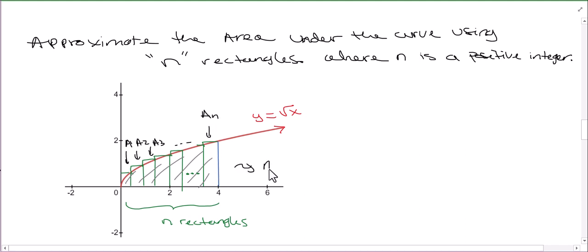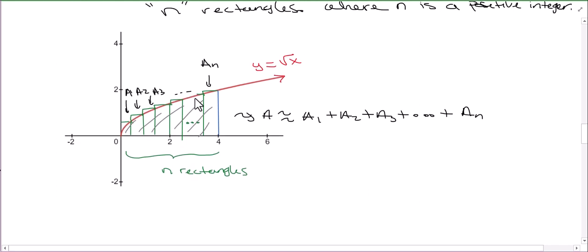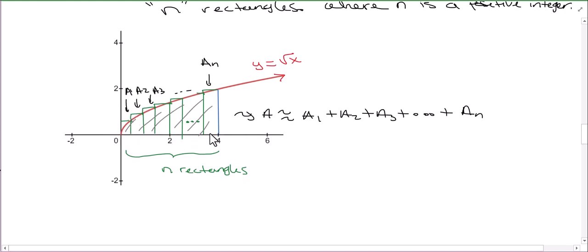So what will the total area be? This will be an approximation, right? So it'll be a1 plus a2 plus a3 plus dot dot dot all the way to a sub n, because you have n rectangles. So if I want to split it up into equal parts, then my interval from 0 to 4, how do I split it up?